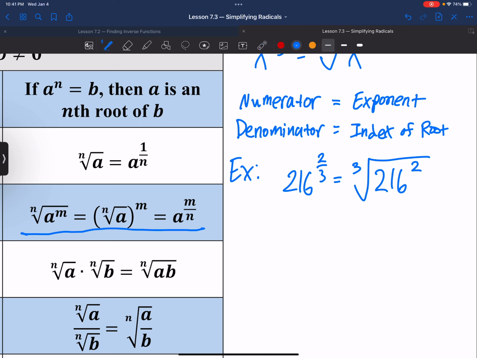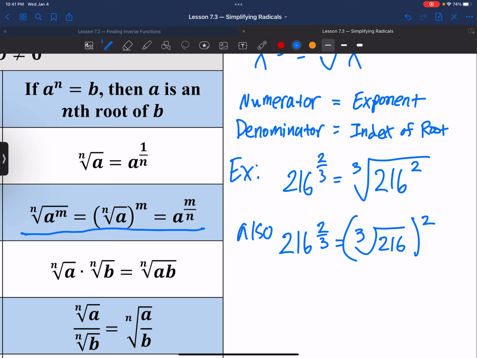So this is also 216 to the 2/3 equals cube root of 216 squared. So now, if you knew what 216 squared was and you knew that you could take the cube root of that, then that would be fine.